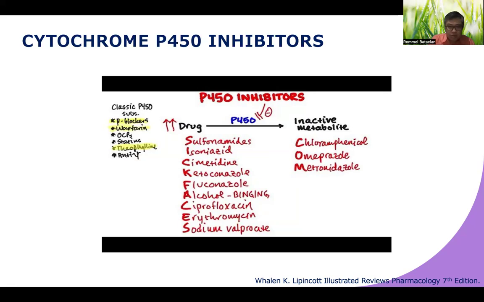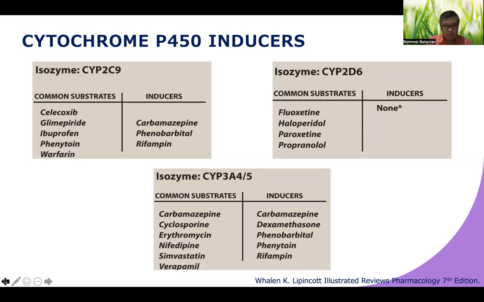Particularly ketoconazole is an inhibitor of certain cytochrome enzymes. An example would be CYP3A4/5 and cyclosporine. We usually give cyclosporine in post-kidney transplant patients as an immunosuppressant.